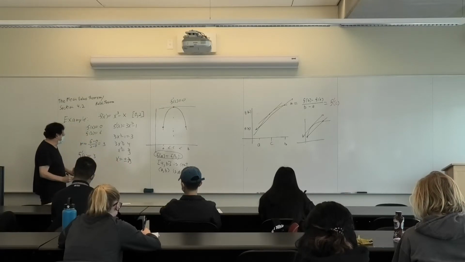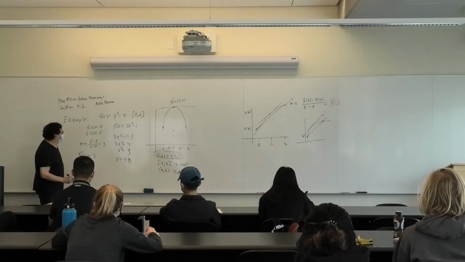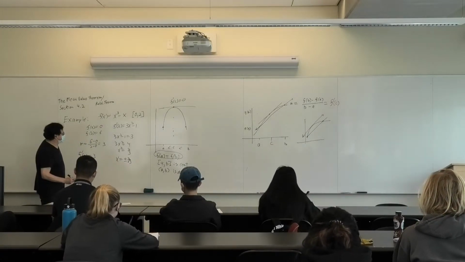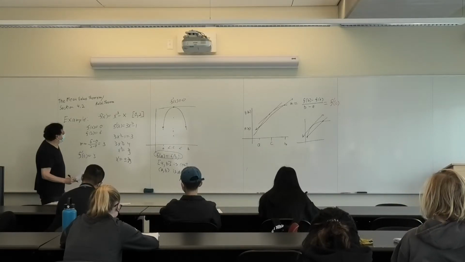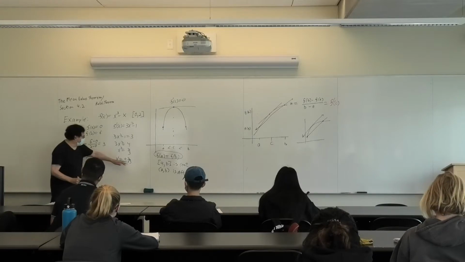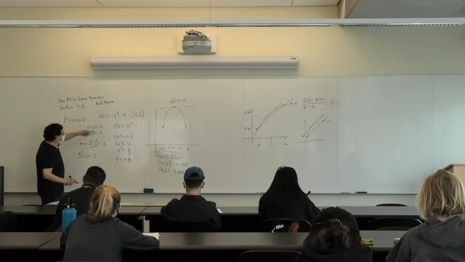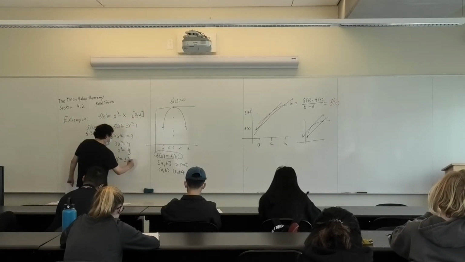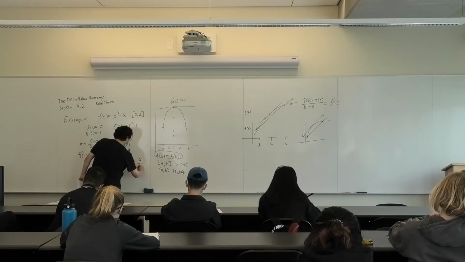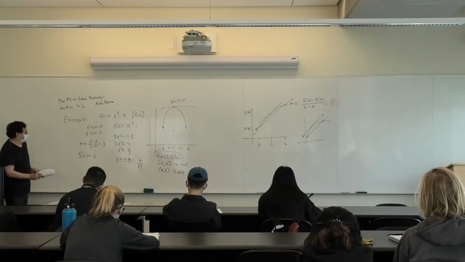We're not interested in the negative result, are we? Negative 2 over the square root of 3 is not on this interval. It's out here. So really, 2 over the square root of 3. So that's our C.